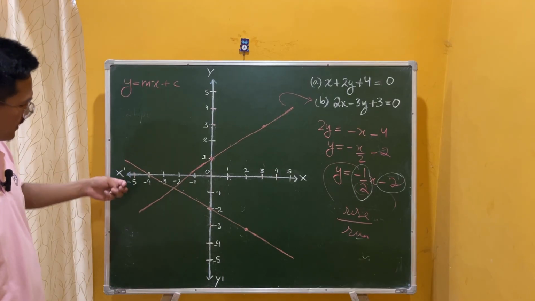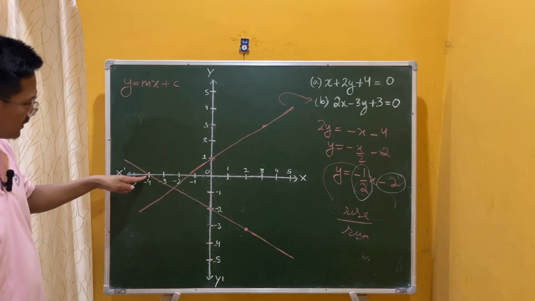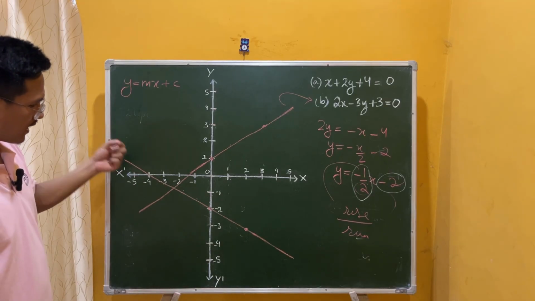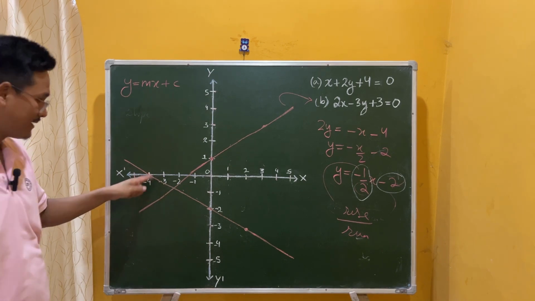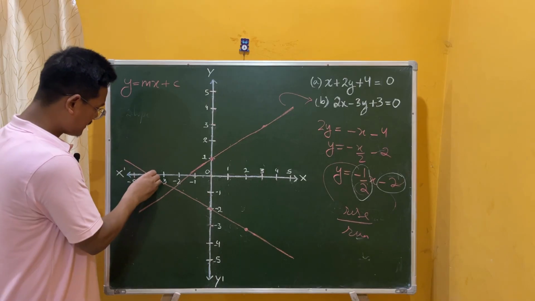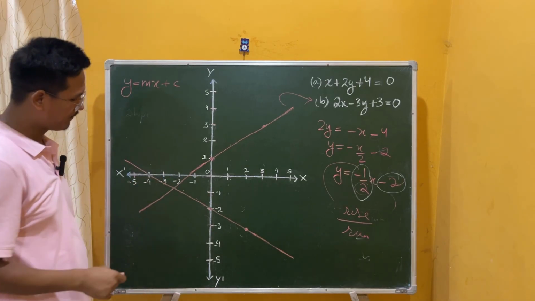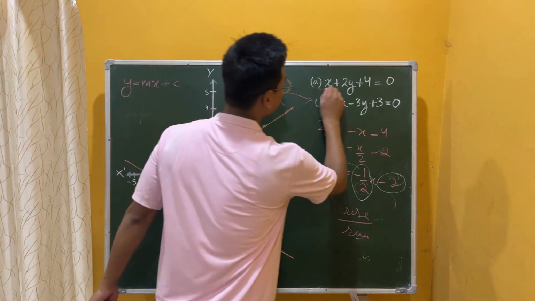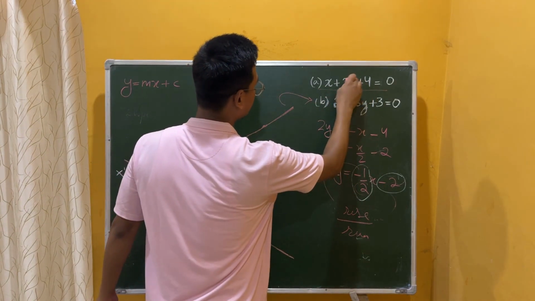But since my graph is not exact, I had to do a little calculation. I know if the line passes through the x-axis, then at the point where it intersects the x-axis, my y coordinate is 0. So in this equation I put y equals 0.